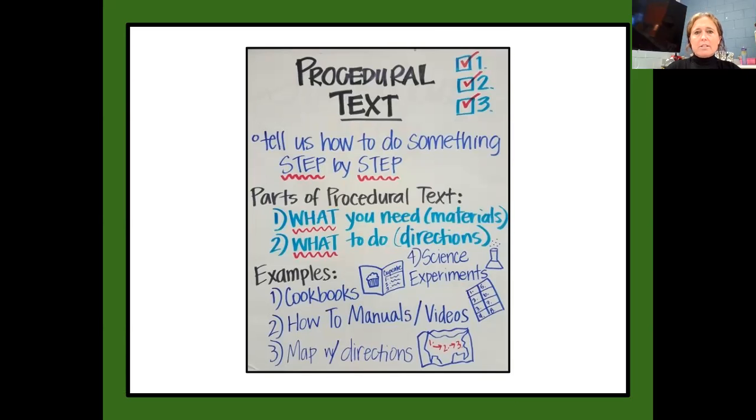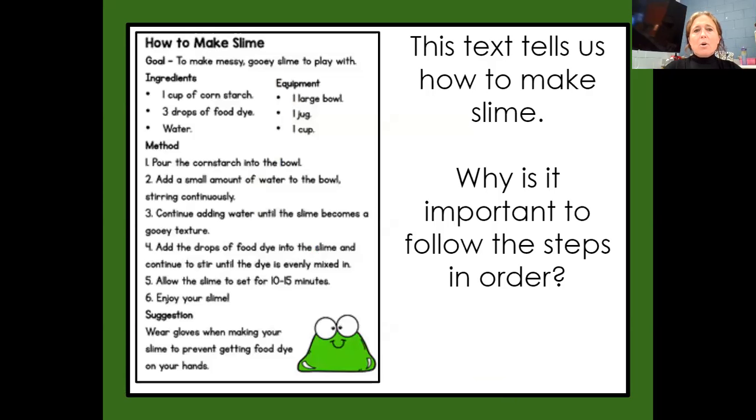the actual directions. Our text today is all about slime and how to make slime. At the top it says our goal is to make messy, gooey slime to play with. Our ingredients are 1 cup of cornstarch, 3 drops of food dye, and water, and the equipment that we need is 1 large bowl, 1 jug, and 1 cup.